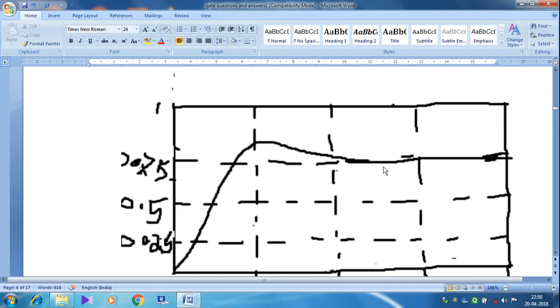So the steady state response does not match our reference input, the unity step input. Therefore we are getting some steady state error, because after the transient period it settles at 0.75, but practically it must be 1, that is unity step.